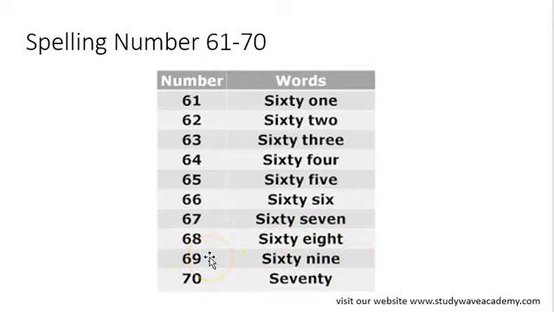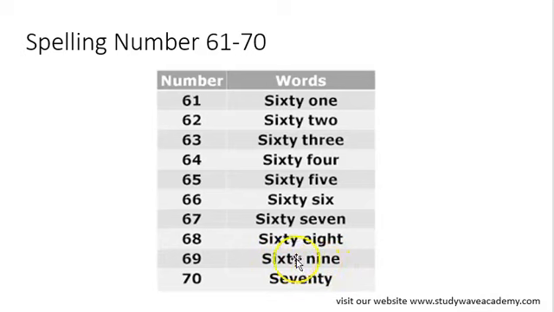And our next number we have is 69. And we know how we can spell 69, right? We spell 60 and 9 together. Okay? Are you ready to spell with me? Okay, let's spell SIXTYNINE, 69.